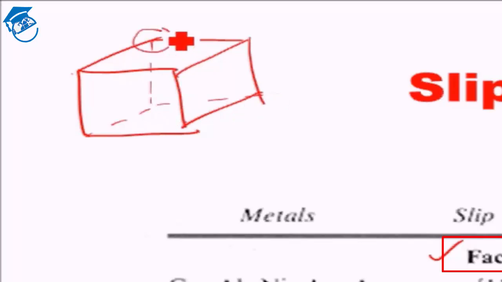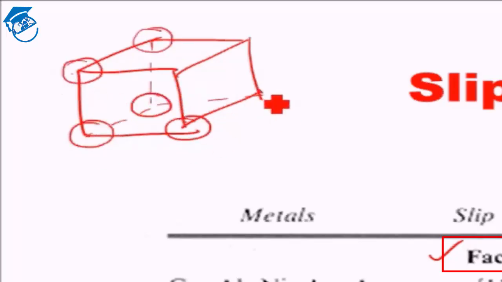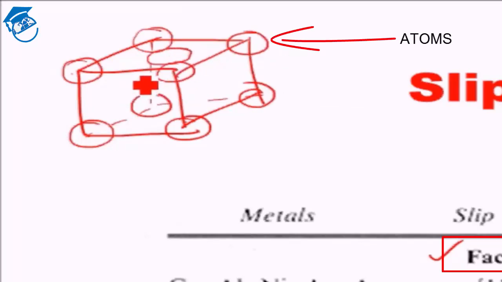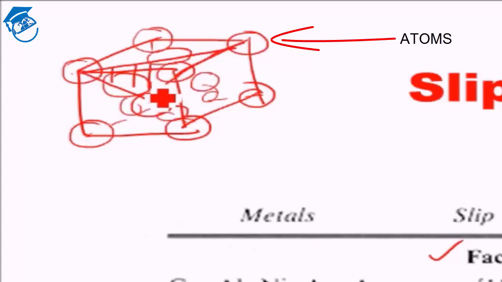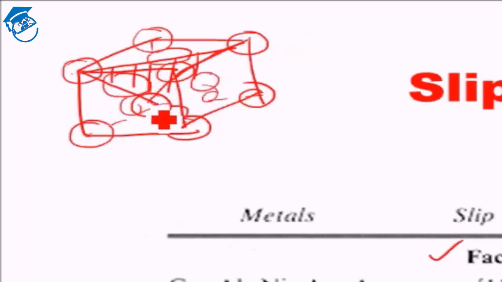So there will be atoms at the 8 corners and atoms at the 6 face centers, and this will be the close packed plane. The atoms are touching each other along this plane. So what is this plane? This plane is basically the 111 plane.